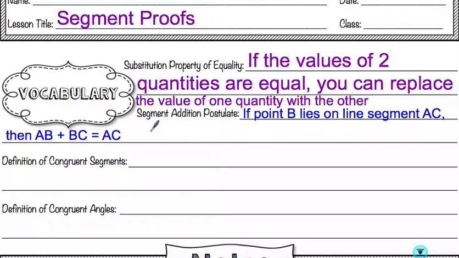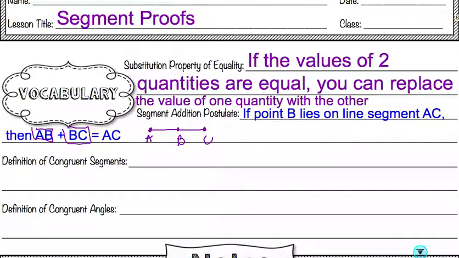Okay, so I've got line segment AC and point B is on that segment. So this just means that this part, AB, plus this part over here, BC, is equal to the whole thing, AC. It's just saying that you can add segment lengths together to give you the whole segment.